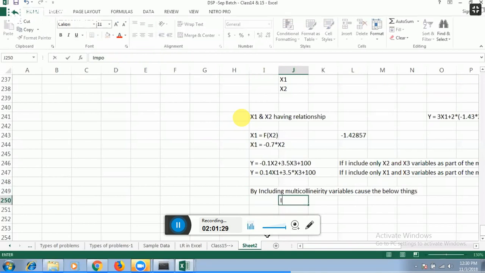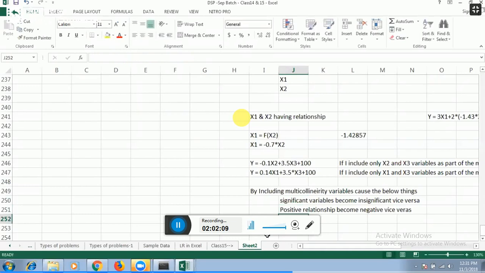Your important variable becomes unimportant, that is, a significant variable becomes insignificant, or vice versa. Or the other one is, positive relationship variables become negative, and vice versa.